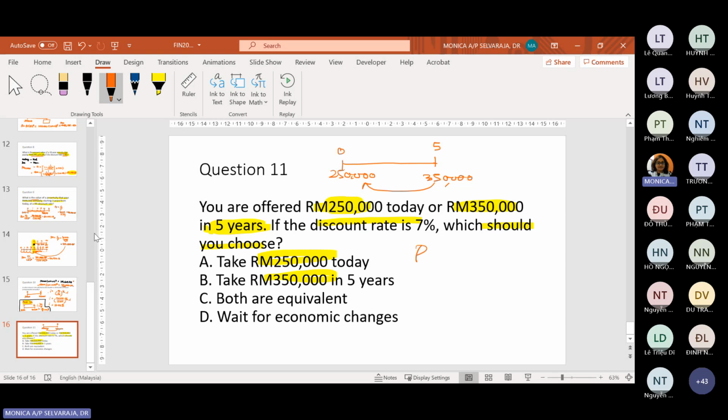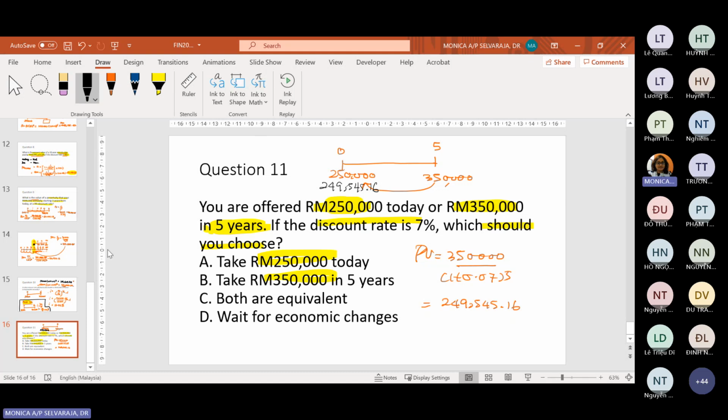So now the present value is, so what's your answer? Calculate for me. So this is worth less today. Its worth is only 249,545.1.